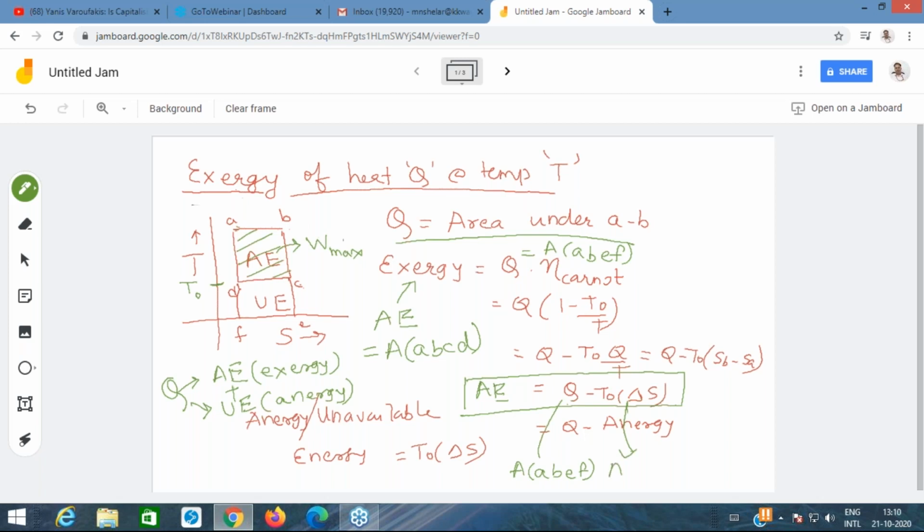Area DCEF, or CDEF, whatever you like. Addition of the two, and this AE, available energy, is area ABCD. I hope this is clear to you.